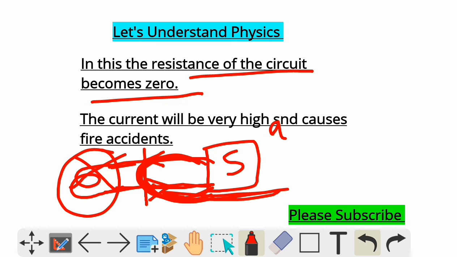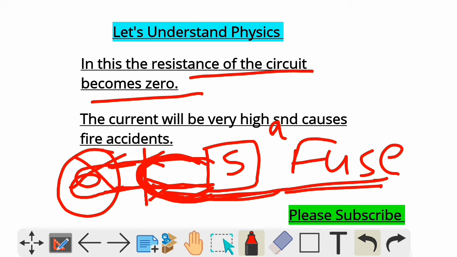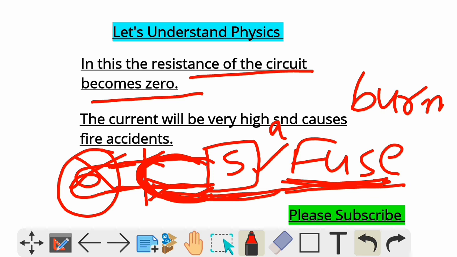Even for this condition you can use a fuse. Whenever a large amount of current is drawn from the supply mains, this fuse will burn and separate the devices from the supply mains. I hope everybody understood this. These are the two conditions where you have to be very careful in the domestic circuit. These are the two faults and we have to use a fuse without fail for saving the devices from these overloading and short circuit situations.